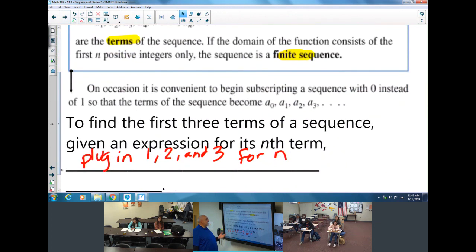To find the first three terms of a sequence, for example, if we have an expression or a formula for it, then you just plug in 1, 2, and 3 for n, and that would give you the first three terms.